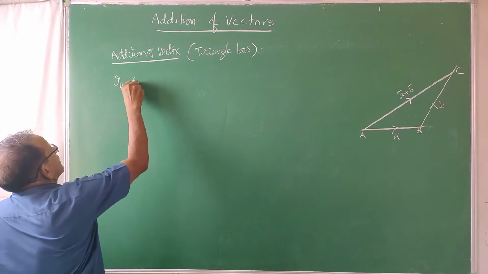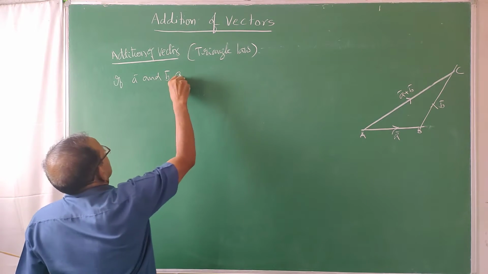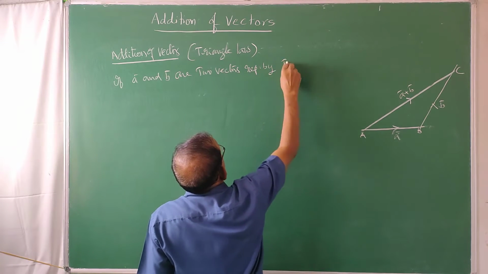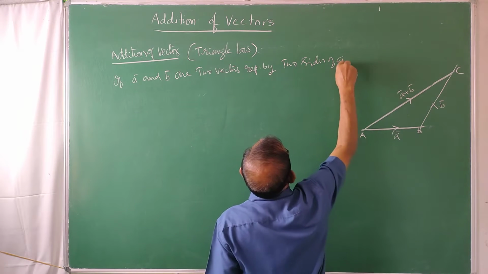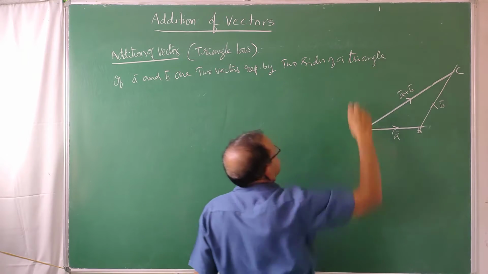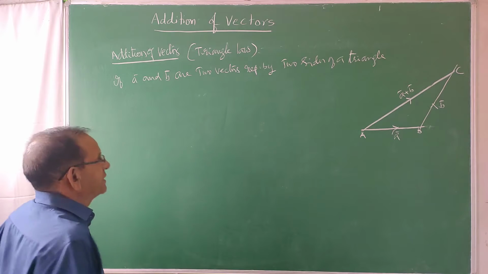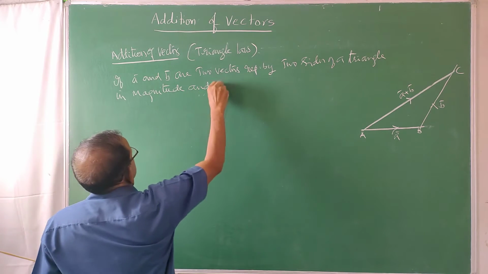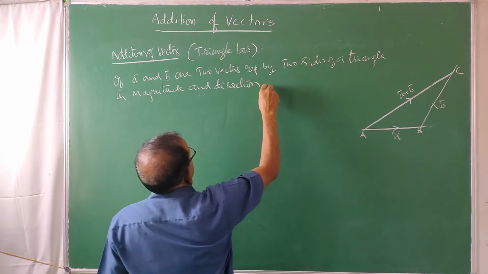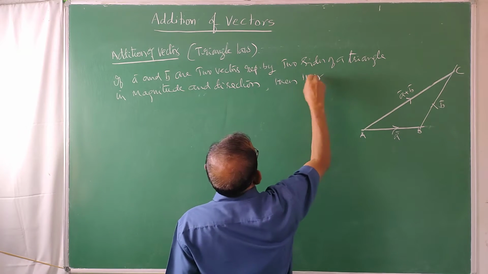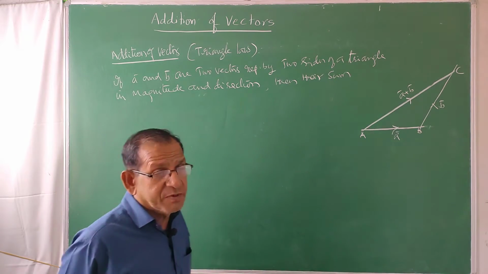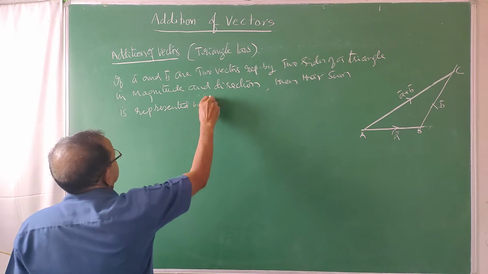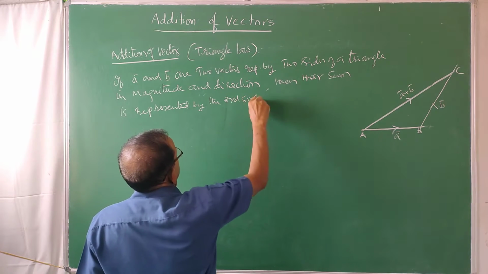If a bar and b bar are two vectors represented by two sides of a triangle in magnitude and direction, then their sum is represented by the third side in opposite direction.